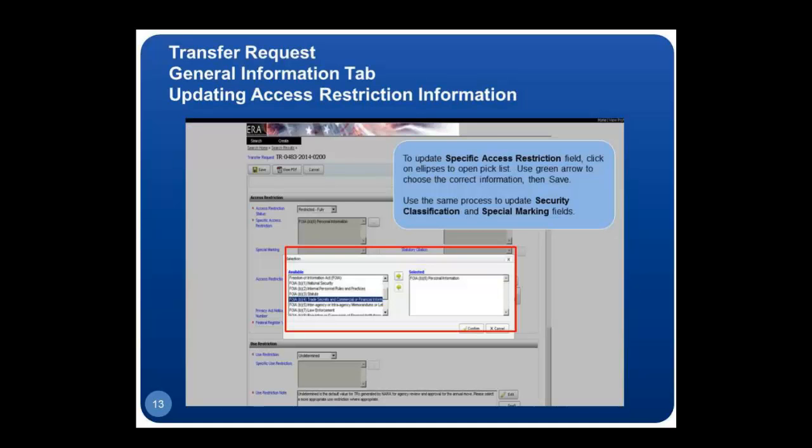Let's take a second. Paula, can you read our question on business confidential information that we received right at the beginning of the webinar, please? So Ann asked, could you please address this question during the webinar? We have been advised that for confidential business information, we should select FOIA B4 option for access restriction.